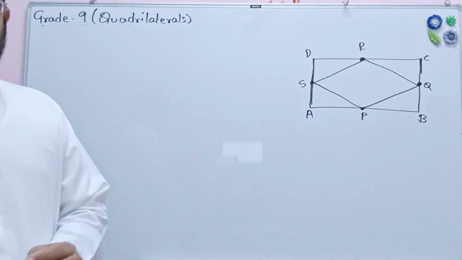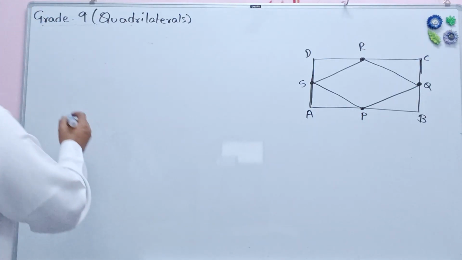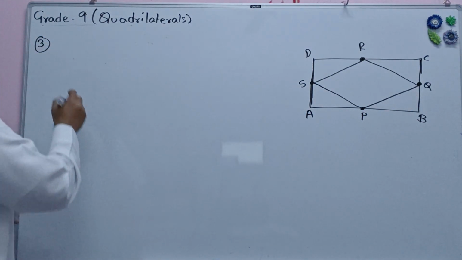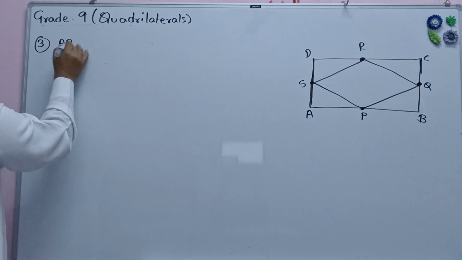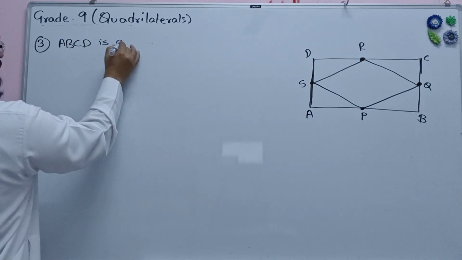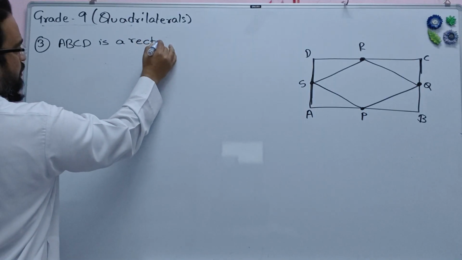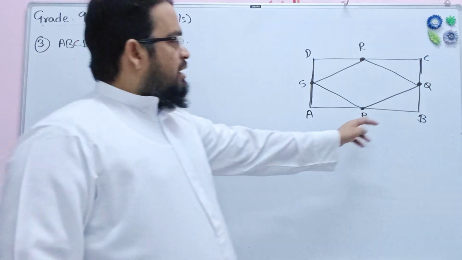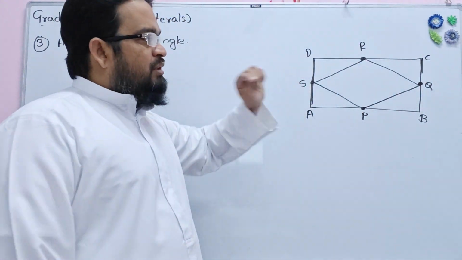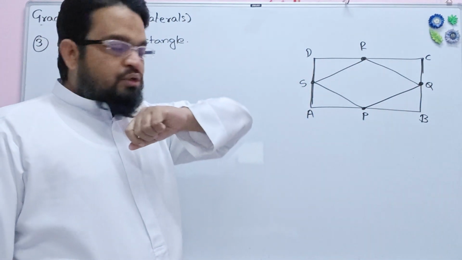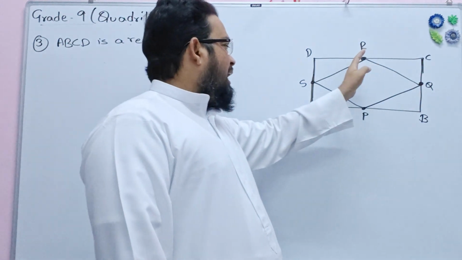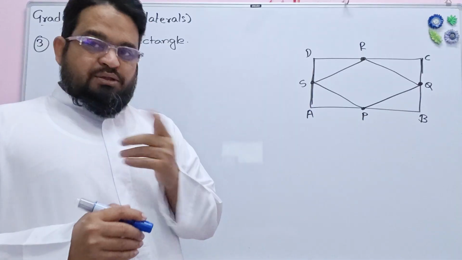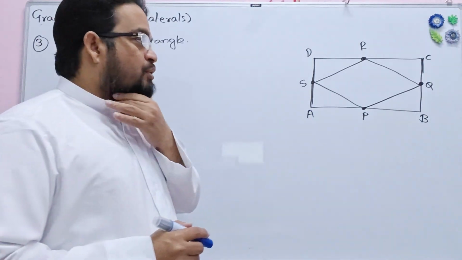Now, what is the third question? If ABCD is a rectangle, what is given? ABCD is a rectangle. Here we have to prove that PQRS, the midpoints of AB, BC, CD and DA, is a rhombus.